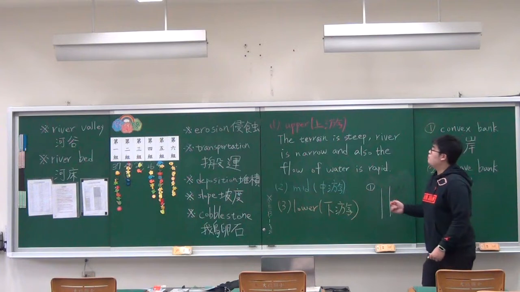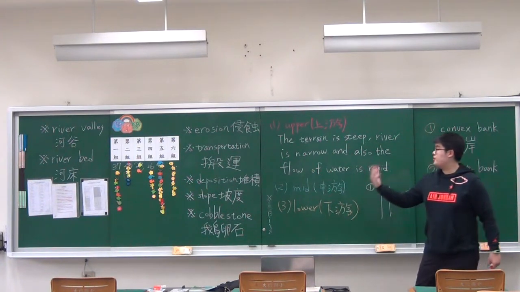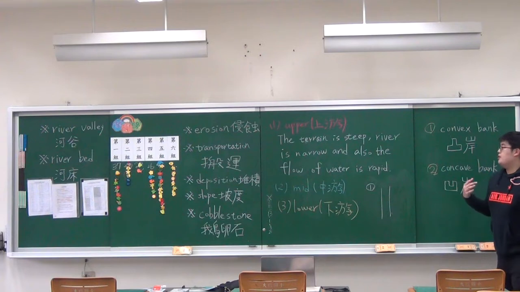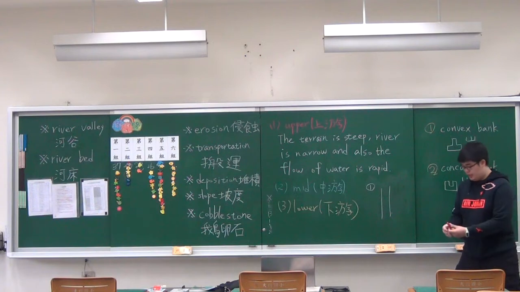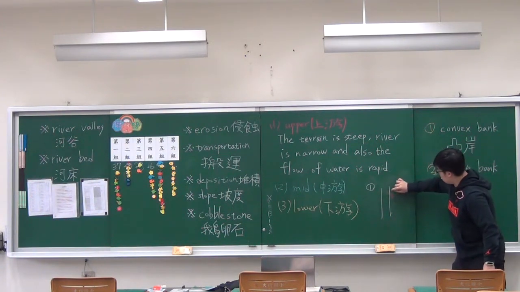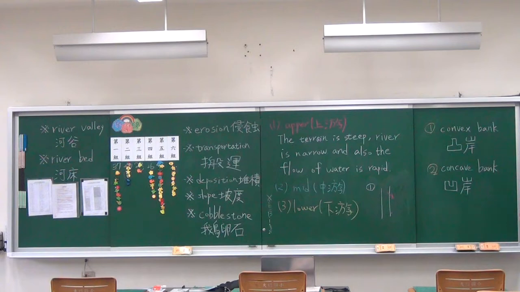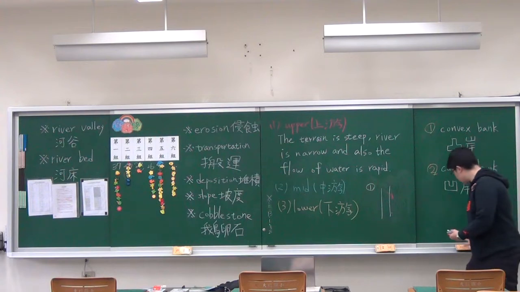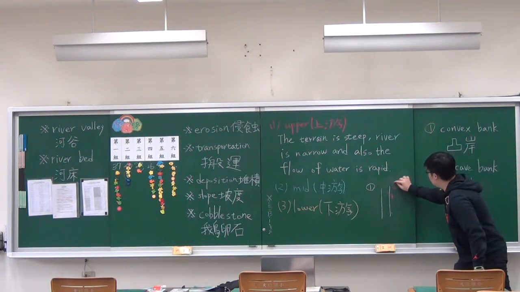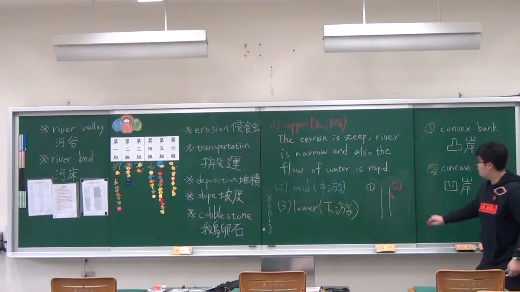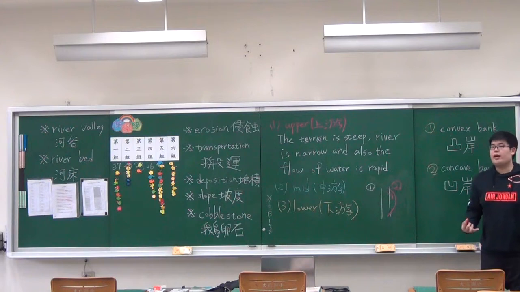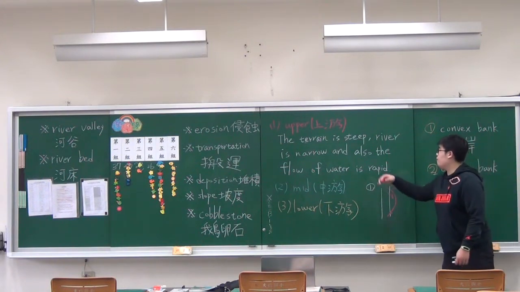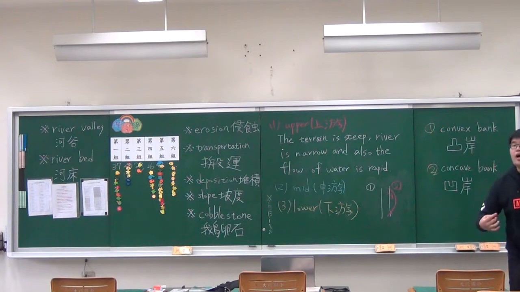Now, because we have to talk about the erosion, the transportation, and the deposition, if the flow of water started to erode the right side of the river, that means the second picture will be like this, because the right side of the river has been eroded by the water at the upper of the river.